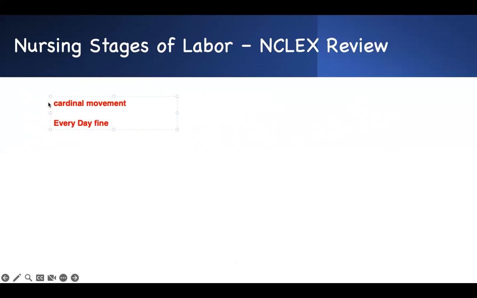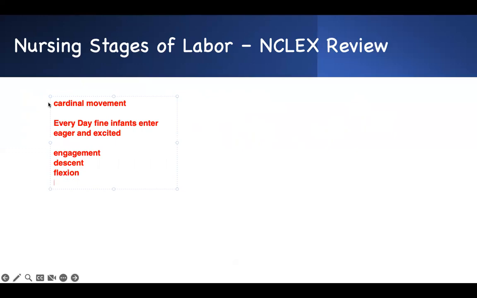Infants, they just want to enter the world, okay? They are eager to do that, and they're excited too. And so they need to engage the pelvis. You can't come out without engaging, right? Engagement. Then they need to come down, descend. Then you've got to make yourself smaller by flexing.